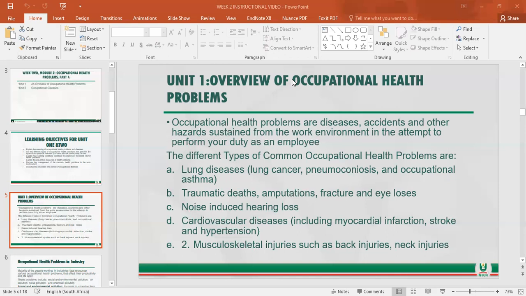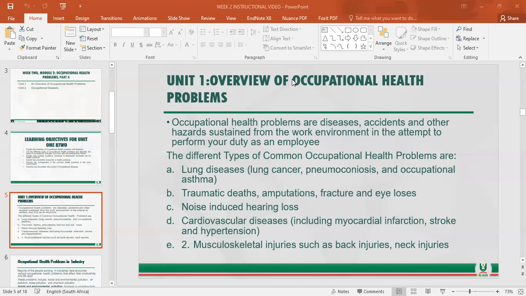And we also have different types of occupational health problems. There are types of work that you do that you are prone to have lung diseases such as lung cancer, pneumococcus, and occupational asthma.